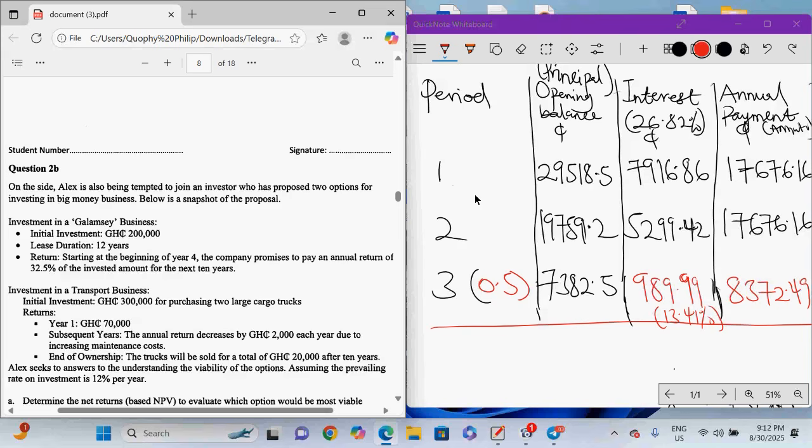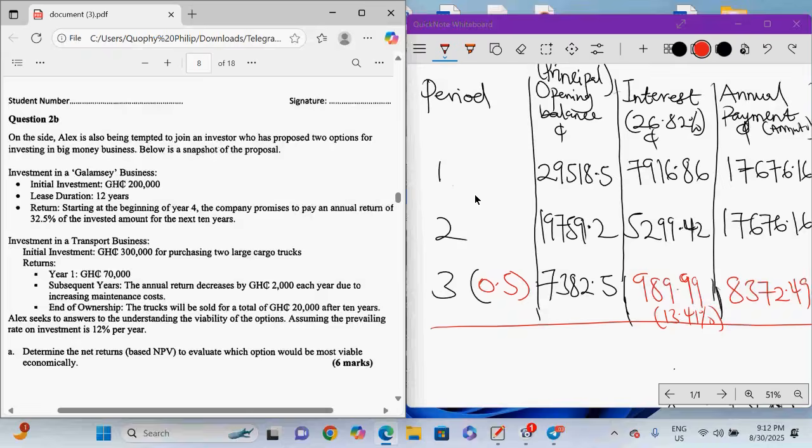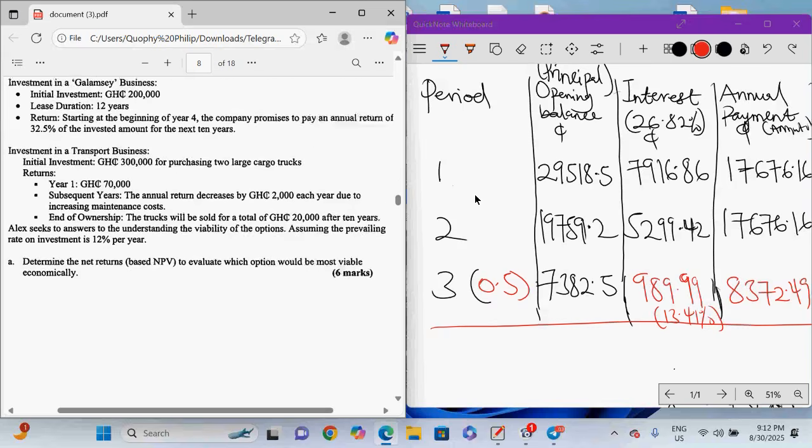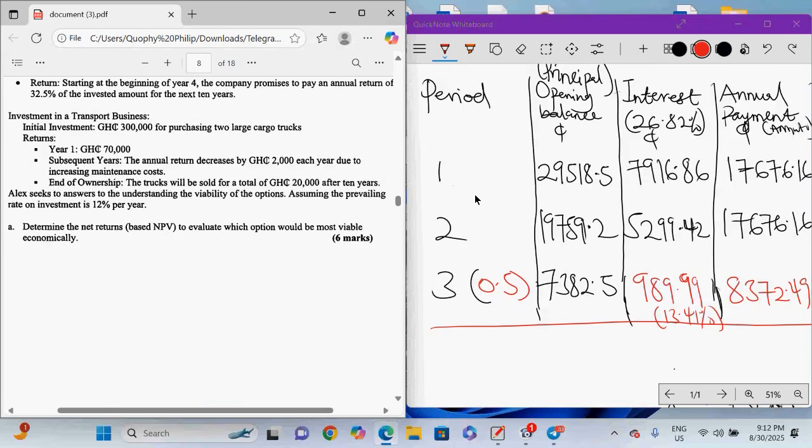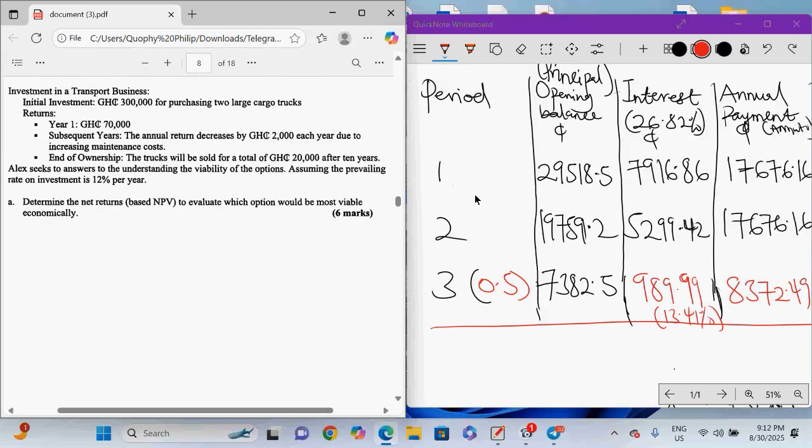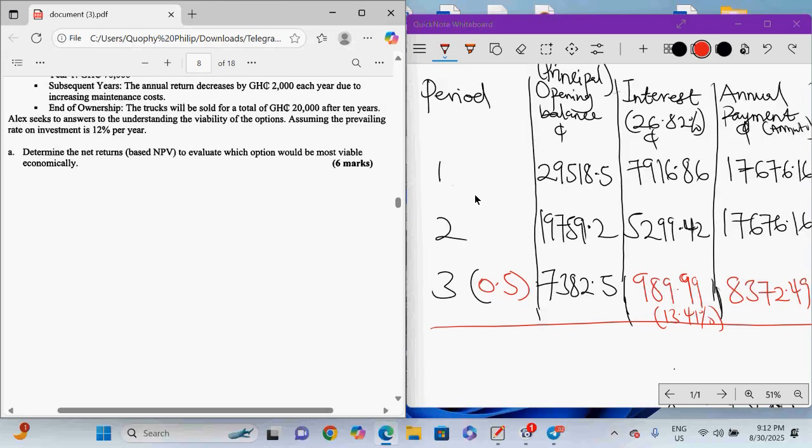Alex seeks to understand the viability of the options. Assuming the prevailing rate on investment is 12% per year, determine the net returns based on NPV to evaluate which option would be most viable economically.